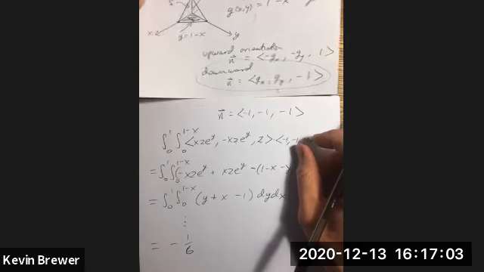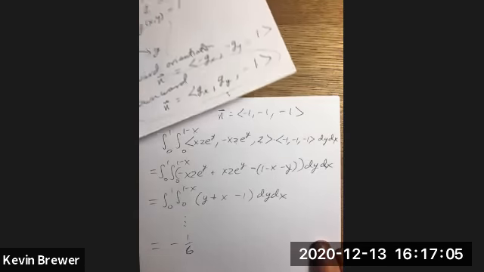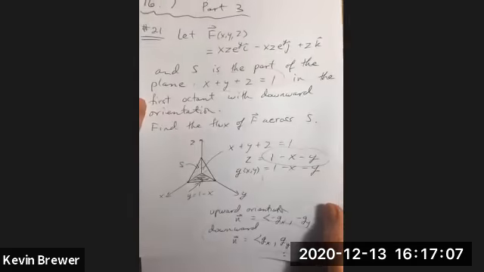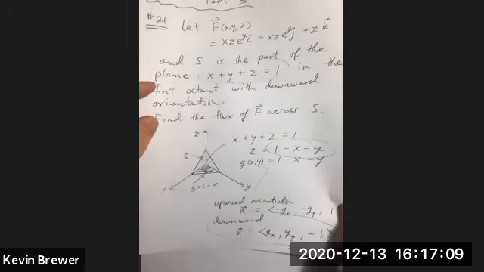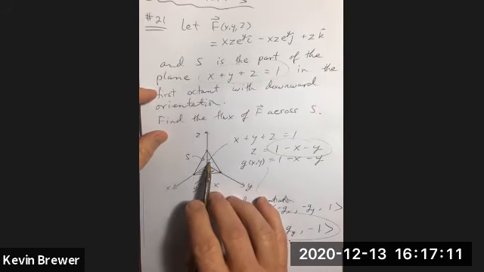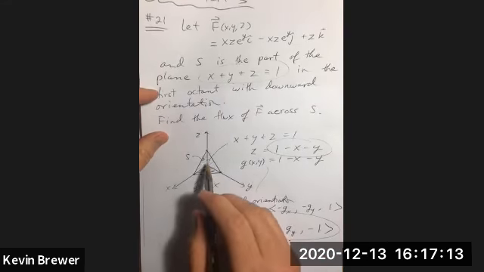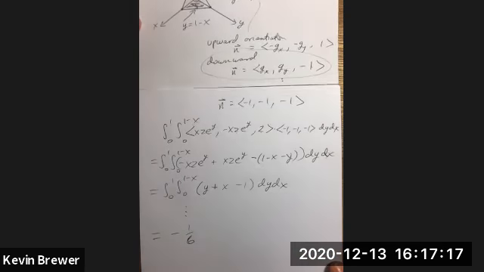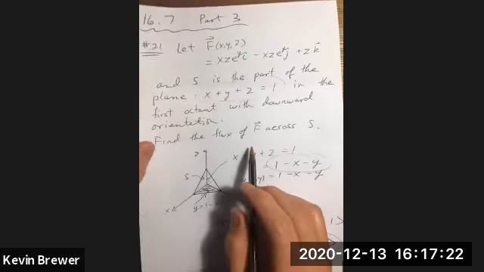All right, so that's one that I guess wasn't too bad. The surface only has one side to it, and we had to remember that we were given downward orientation to compute the flux.